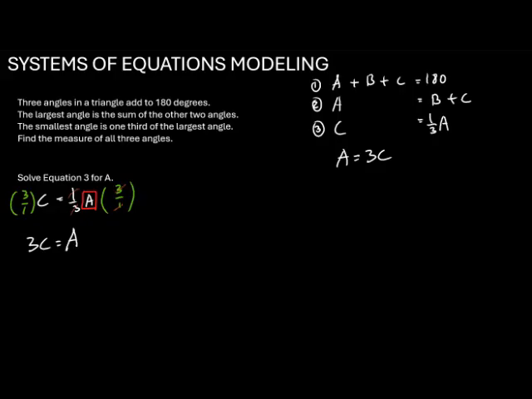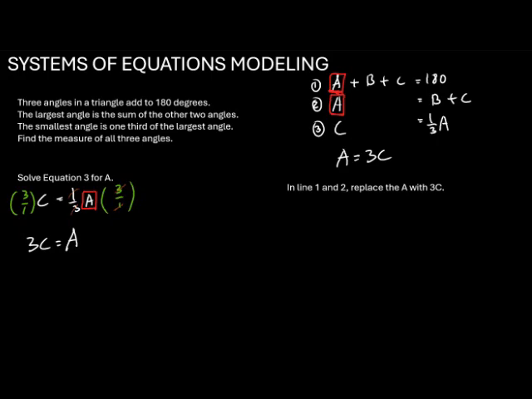Now that we know this, we can replace all occurrences of A in this equation with 3C. We'll box in all of the places where A occurs in the other 2 lines. In those 2 lines, we will no longer say A, instead we will say 3C. With this in mind, we'll rewrite line number 1.